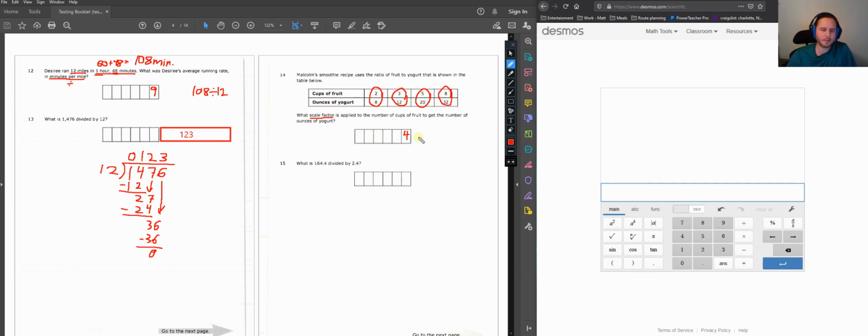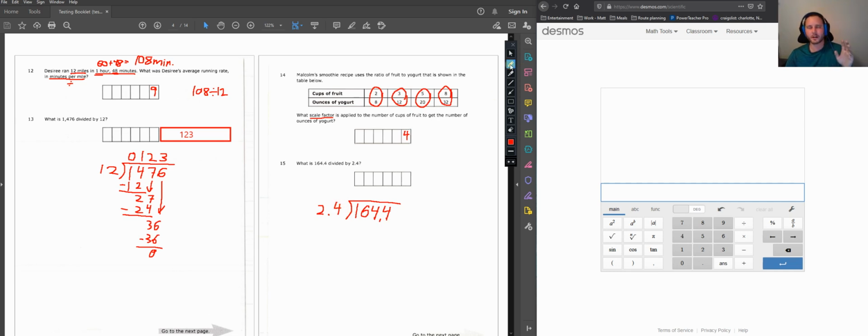The last problem before we get into the calculator active section is going to be 164.4 divided by 2.4. So for this, we set it up like normal, 164.4 divided by 2.4.